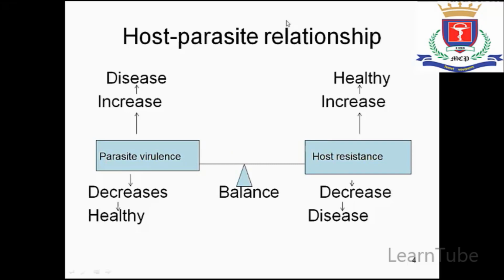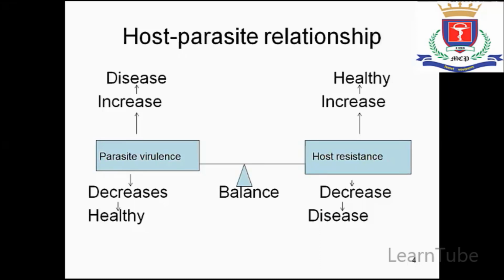Next is the host-parasite relationship. In this relationship, we have to maintain the balance of parasite virulence and host resistance. The term virulence can be defined as the strength of the microbe.